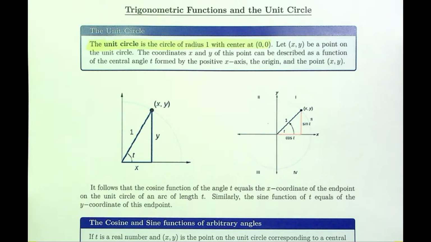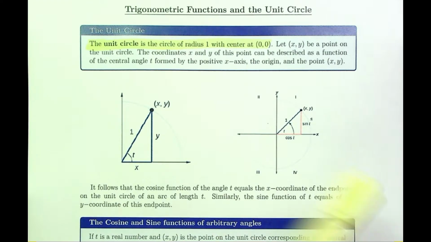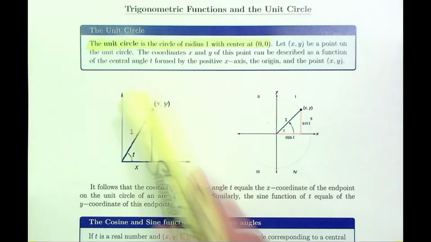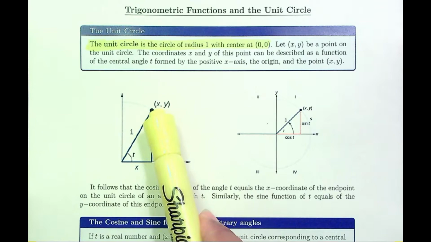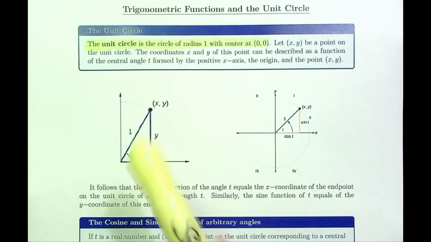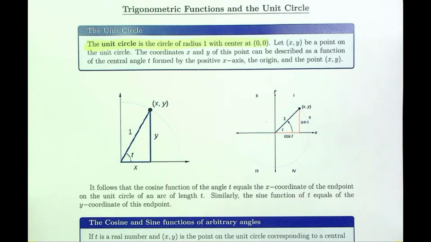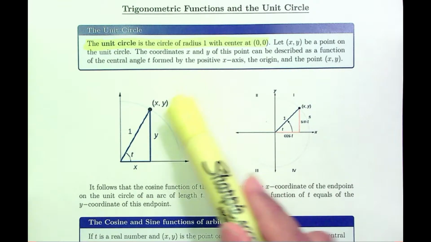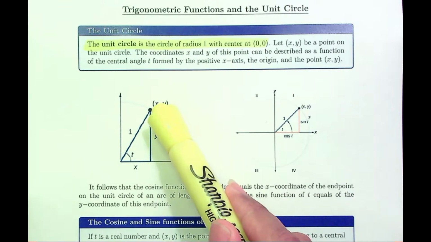Okay, so suppose we have that unit circle and we take a point on the unit circle, and for convenience, we're going to draw it in the first quadrant. Again, these points could be anything, any point on the unit circle in any quadrant. It typically is easier to draw things in the first quadrant.